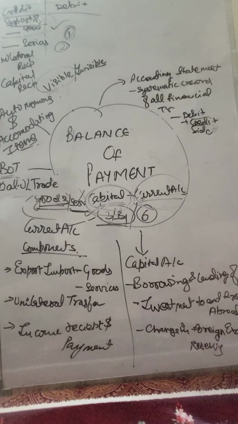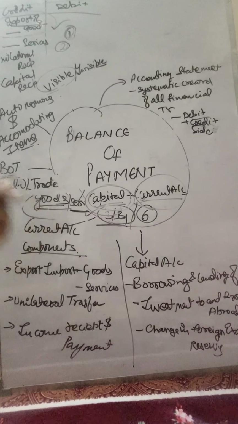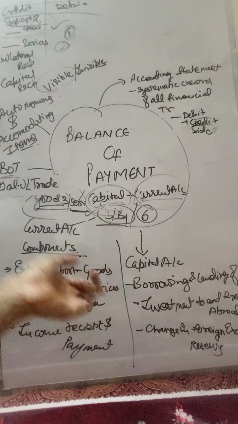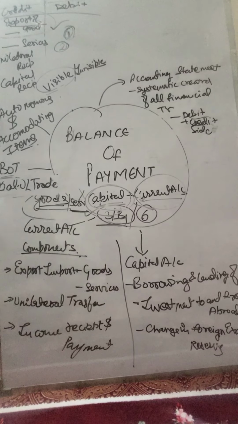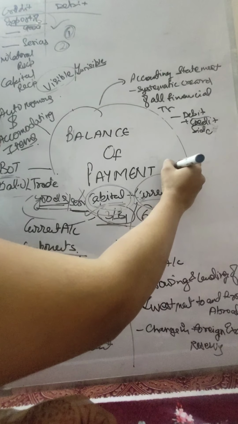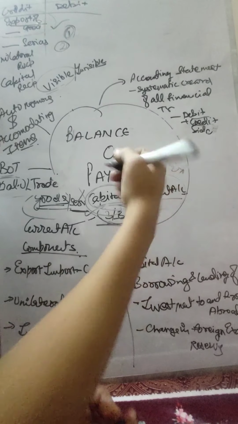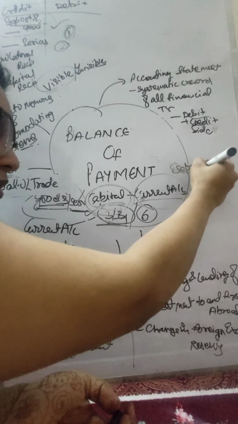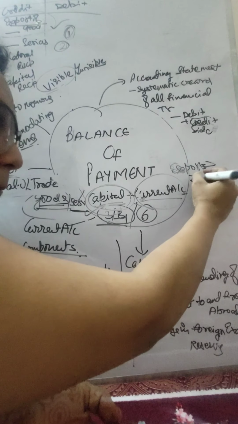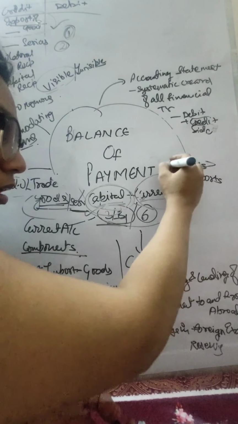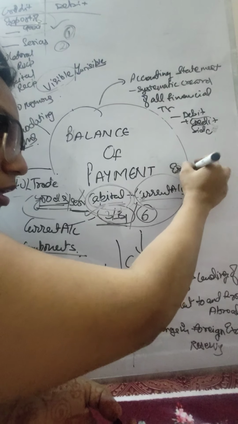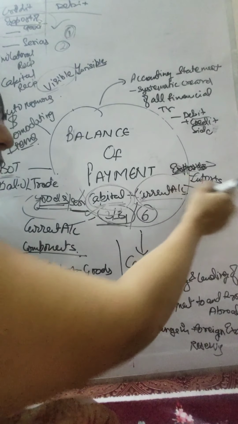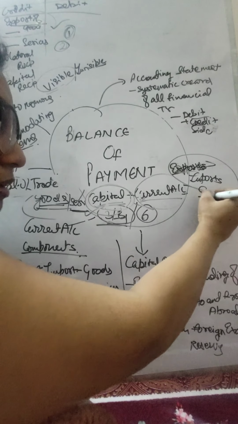We can include it whenever your net value, that is, when your exports are more than imports, then it will be said as surplus. That is, whenever your exports are greater than imports, then it will be said as surplus.